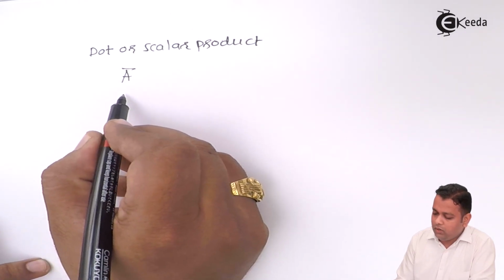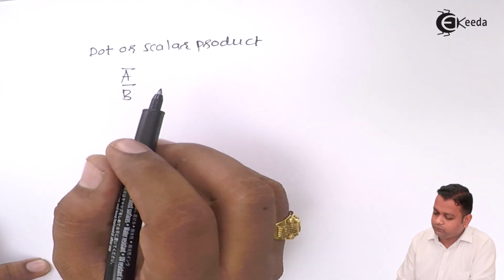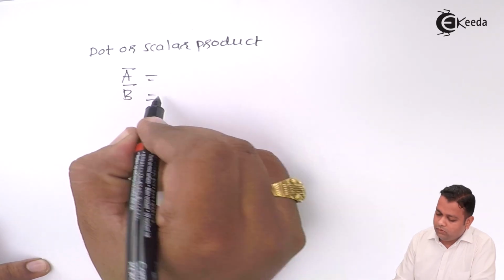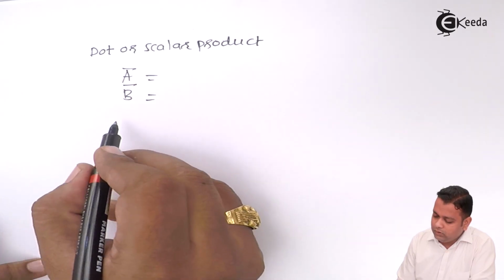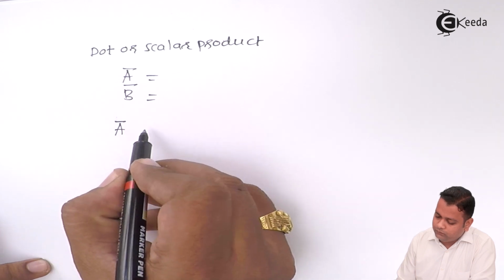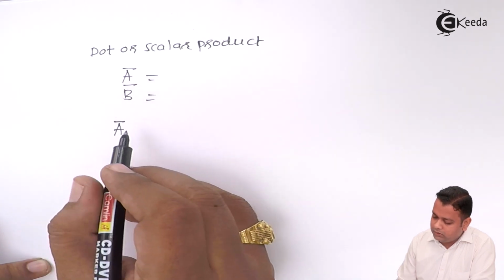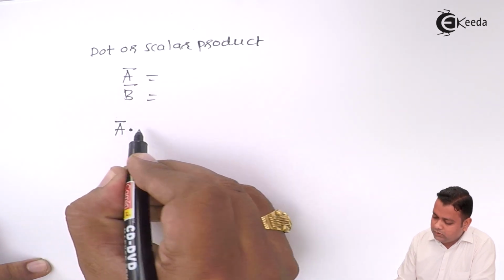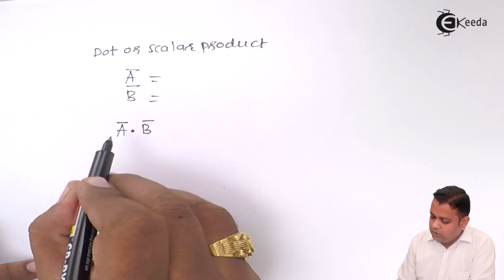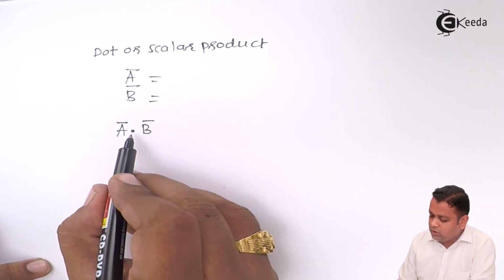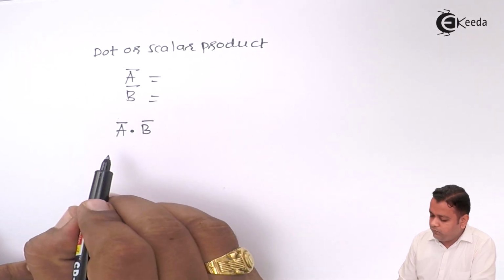For vector A and vector B having these representations, the dot product is scalar multiplication, the outcome is a scalar. So A bar and B bar are the two vectors and a dot is shown in between the two.